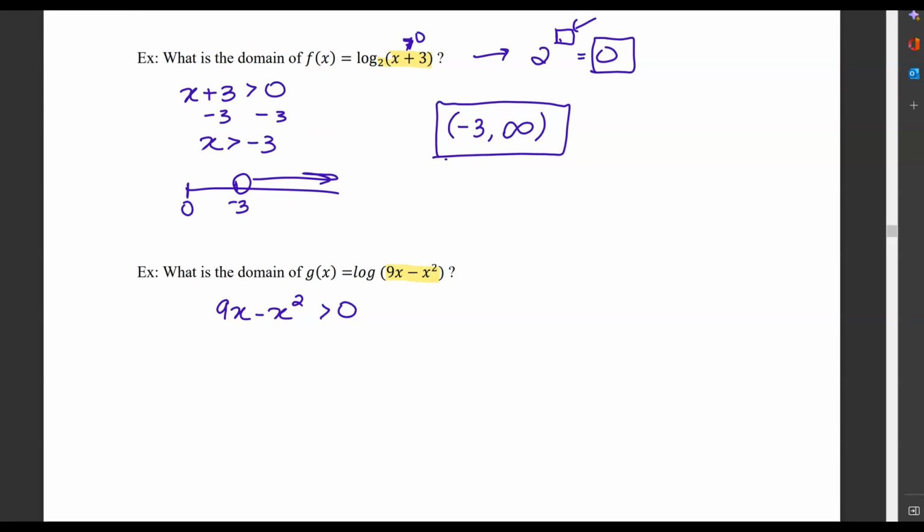Because this one's a little bit trickier, I first want to make sure everybody catches that we're taking the argument 9x minus x squared and setting that to be greater than 0. Here we do have a quadratic function, so let's get that x squared in the front. We can see that we do in fact have a quadratic function, so we're going to have to factor this out.